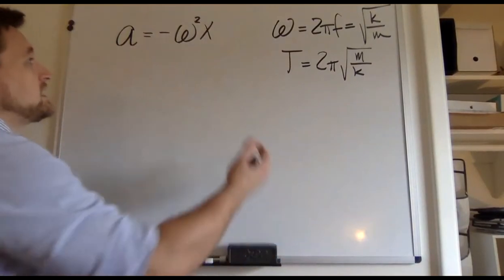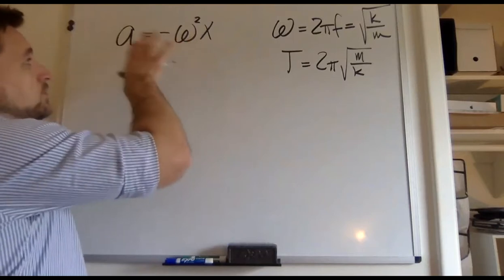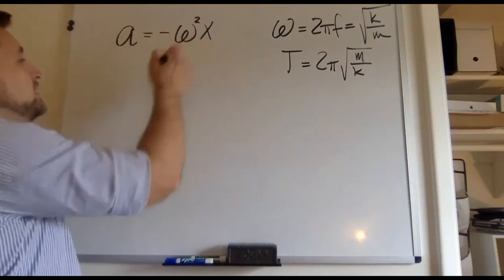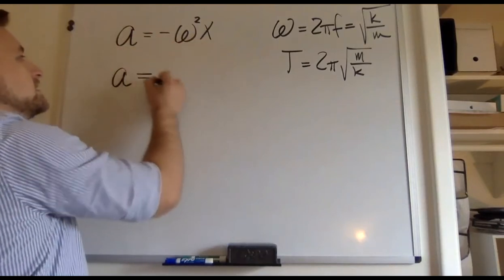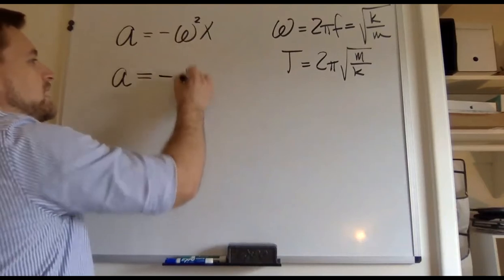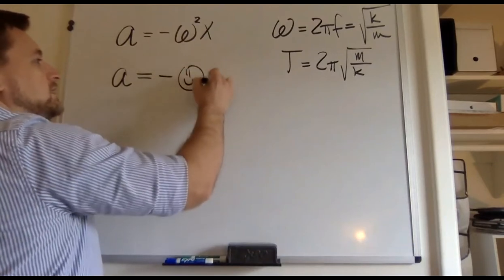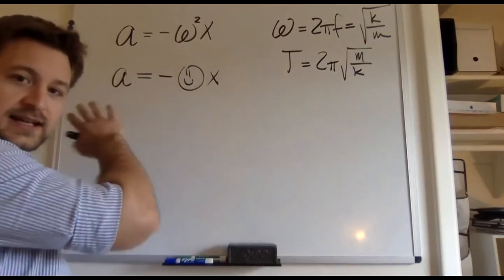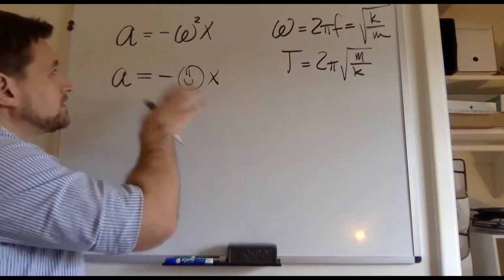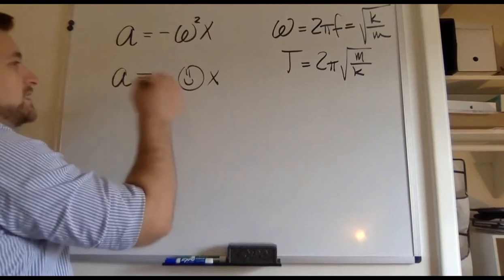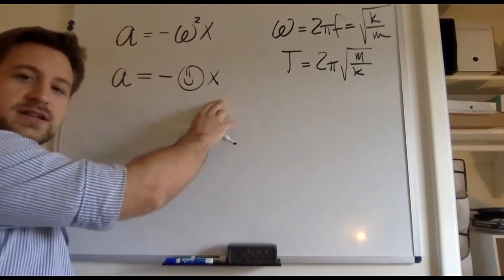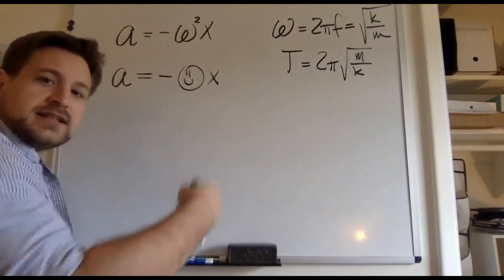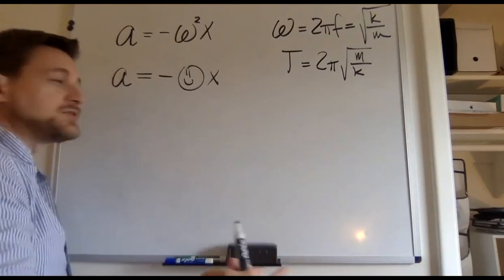And last week we said that anytime we can show that the acceleration is equal to negative smiley face times x, that must mean that this is an equation that describes oscillation, some kind of simple harmonic motion.